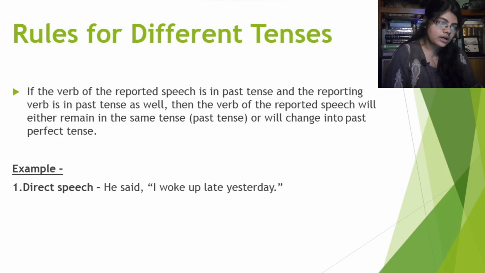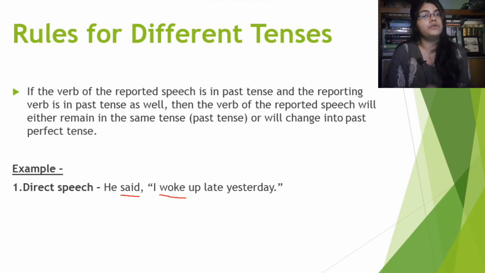See, here the reporting verb is in past tense and the verb of the reported speech is also in past tense, which is woke. Now, in the previous examples, we saw that when the reporting verb was past tense, the verb of the reported speech was always in present tense.